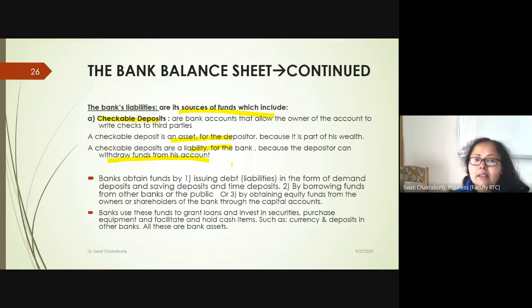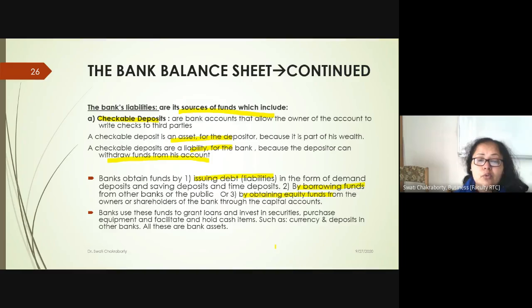So how do banks obtain funds? By issuing debts or liabilities in the form of demand deposits, which we've studied earlier, savings deposits, and time deposits. By borrowing funds from other banks or the public, or by obtaining equity funds from the owners or shareholders of the bank through their capital accounts.